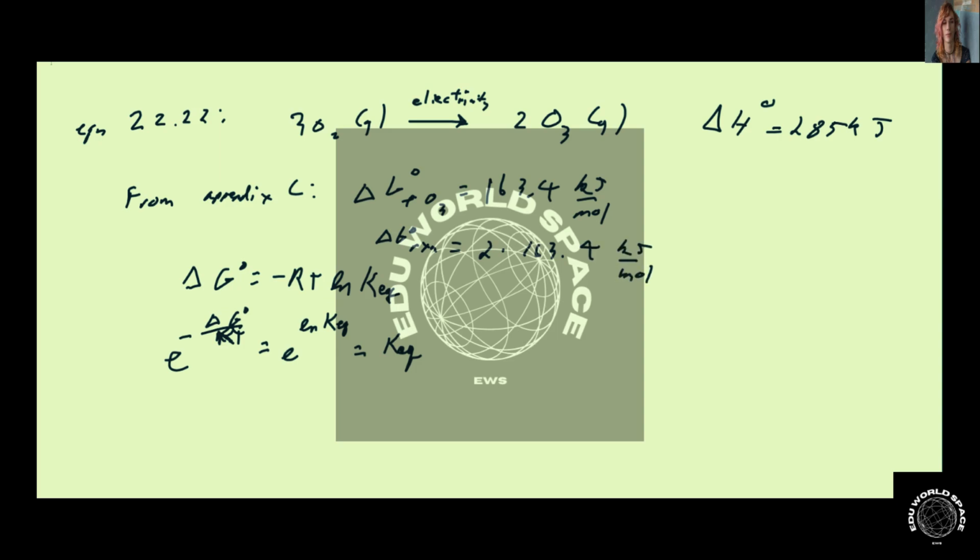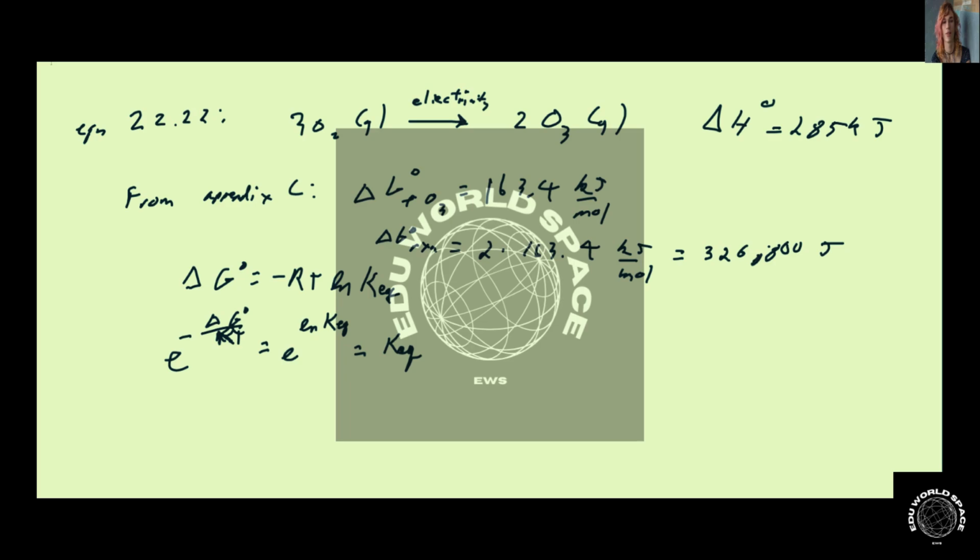And we'll want to convert that into joules. So that means that we've got 326,800 joules is the delta G standard of our reaction. And that's what's going to go here.